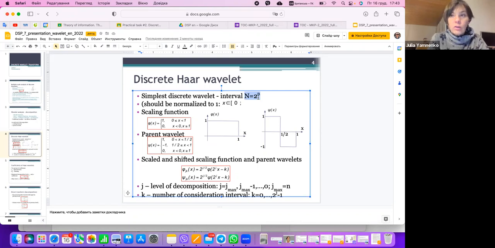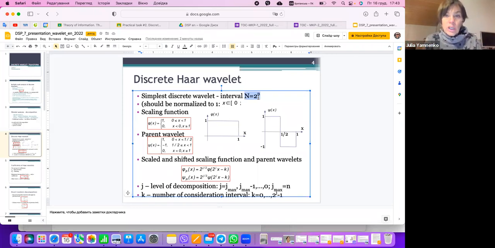So it is no longer allowed, like it was in Fourier transform, to have an arbitrary number of discrete values. Here in Haar wavelet, it is necessary to have an original function that has 2 in the power n values. So it could be 4, 8, 16, 32, and so on. It could be as big as you need, but anyway, it should be a power of 2.